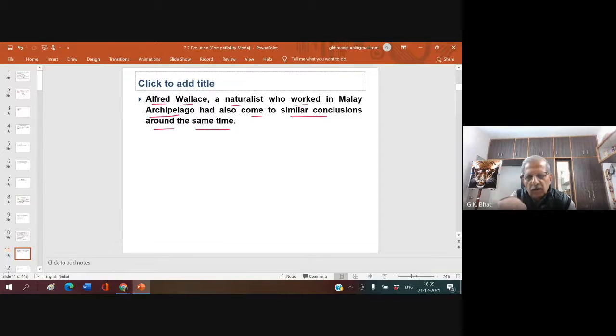He was none other than Alfred Wallace. Alfred Wallace did almost the same type of work that Darwin had done for five years and came to almost the same conclusion, and he wanted to publish his findings with the help of Darwin's expert comments. What did Darwin do?